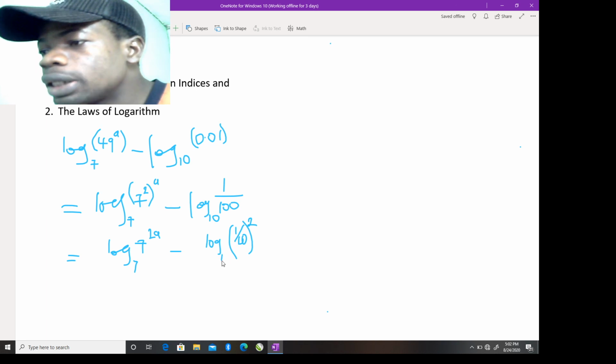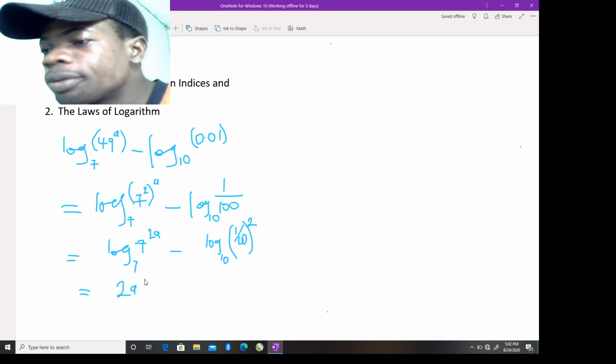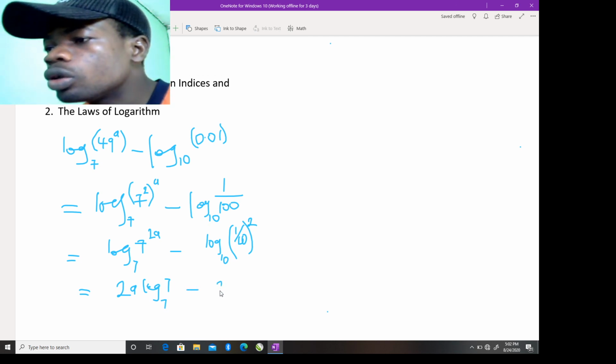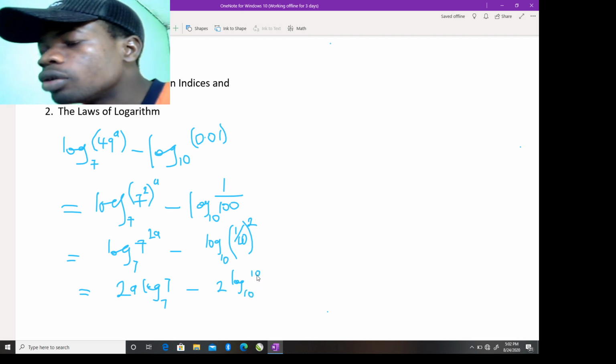Don't forget in base 10. And this will become 2a log 7 base 7 minus 2 log 10 base 10. The log of any value to the same base, it is 1.